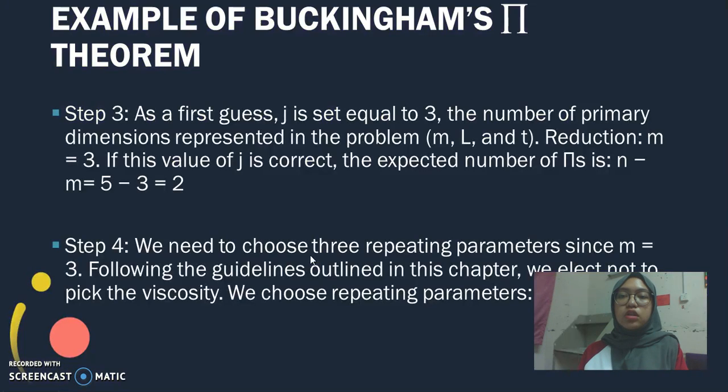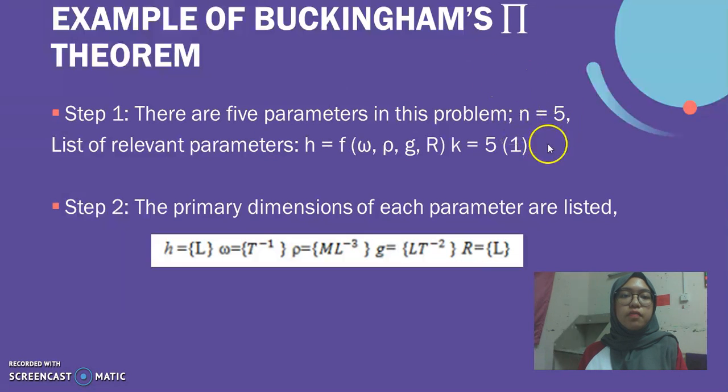So next we're going into step 3. We are going to determine the number of non-dimensional groups, or the number of pi's. So the formula is n minus m. n is the number of variables that we have earlier, which is 5.